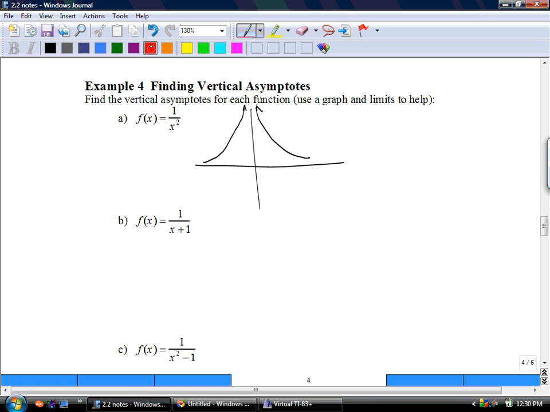So we would write a limit statement. The limit as x approaches 0 from the right would have a value of infinity. And the limit as x approaches 0 from the left would have a value of infinity.